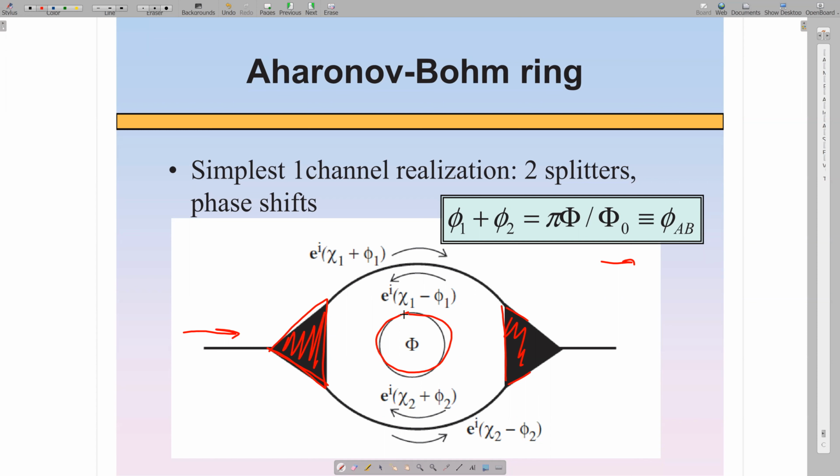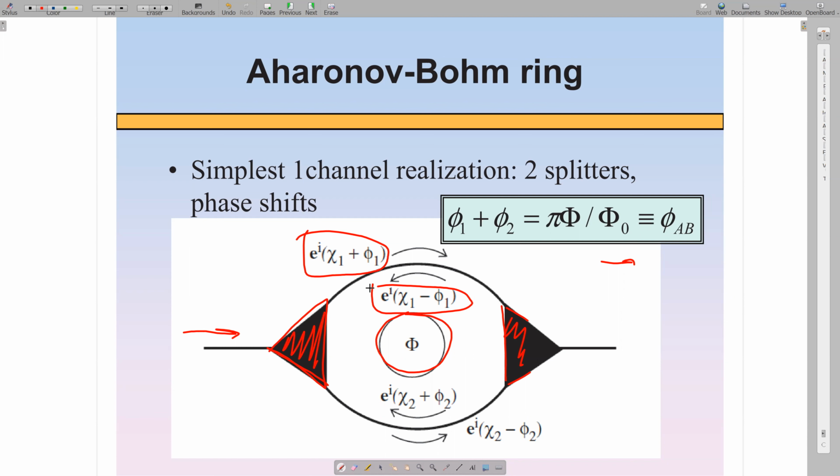Here I wrote phase vectors which are equal when you traverse these channels in different directions. You require the same dynamical phase, but opposite geometric phases. Fine. So how shall I proceed?